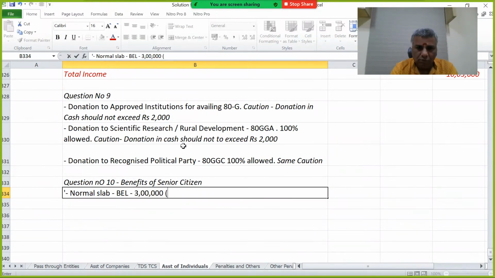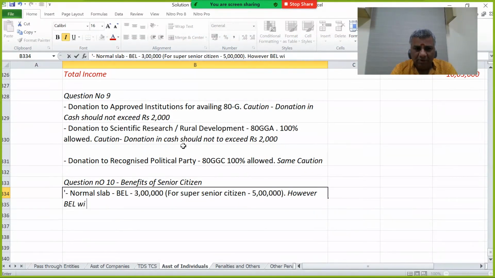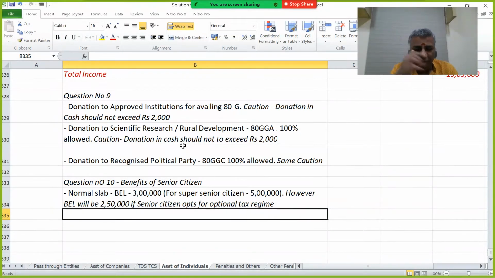For super senior citizens, 5 lakhs, that is aged above 80. However, the limit will be 2,50,000 if a senior citizen opts for the optional tax regime. Remember that. This is one benefit. Normal will be 3 lakhs.